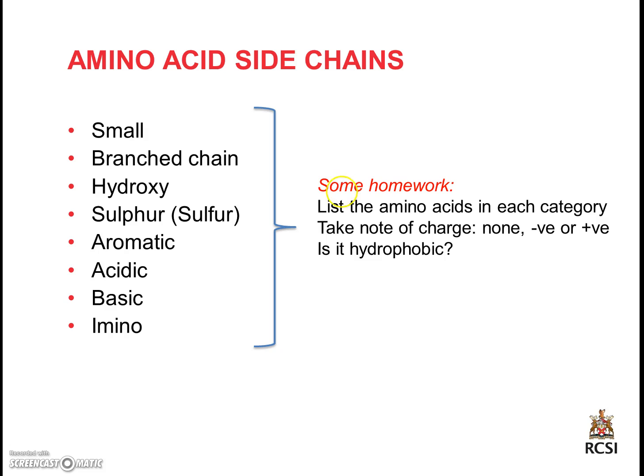What I mean by that is I wish you to know what the small amino acids are, the branched amino acids are, and so on. It might be useful to generate a table. What I would also like you to note as you are doing this is if the amino acid has a charge or not, and is the amino acid hydrophobic or not.